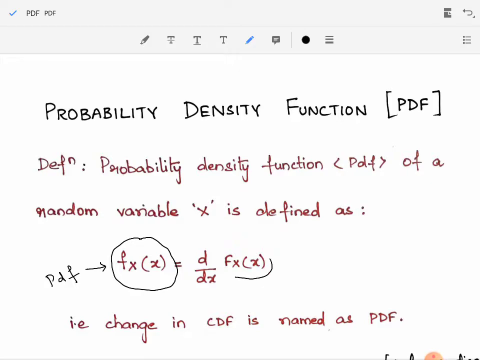And your capital FX(x) represents the cumulative distribution function, in short CDF. So we can also say that the change in the cumulative distribution function is named as probability density function.